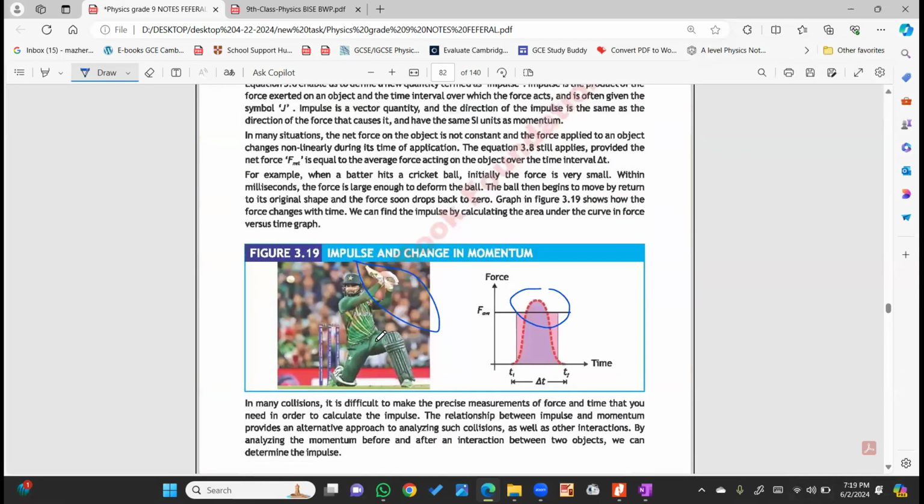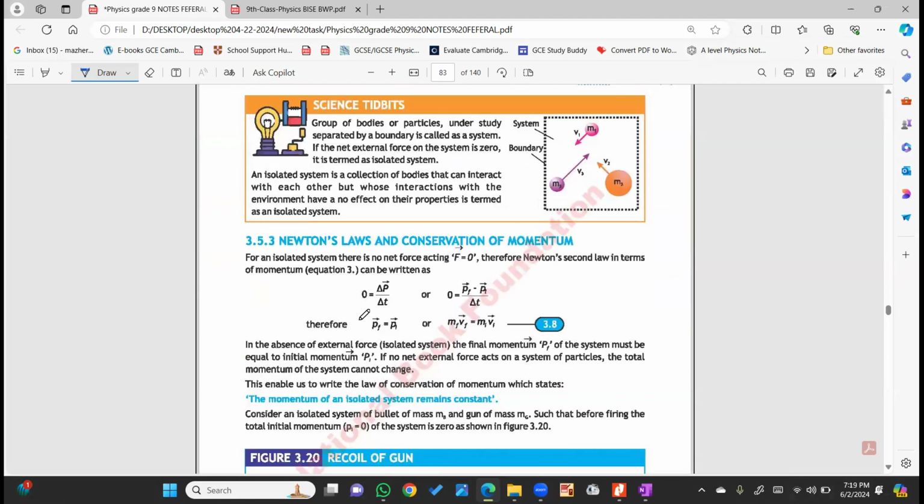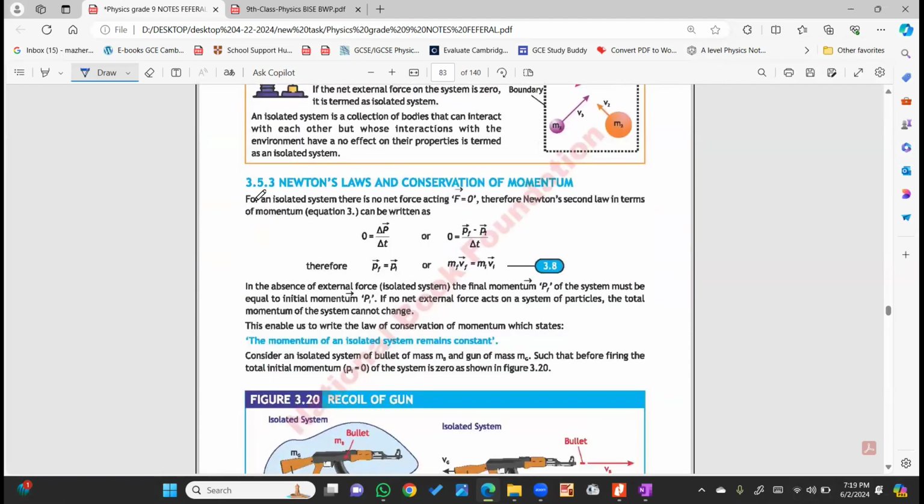There is only one topic left, in which we need to discuss the conservation of momentum and the isolated system. Here is written an isolated system. An isolated system is defined as a system in which no external forces are acting.